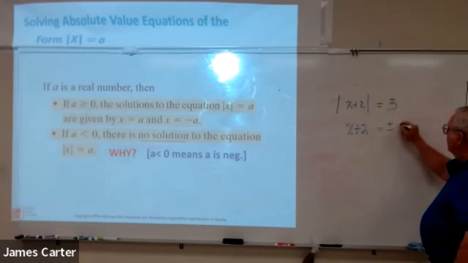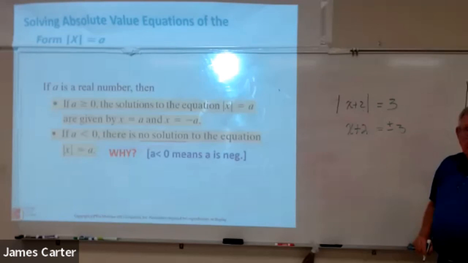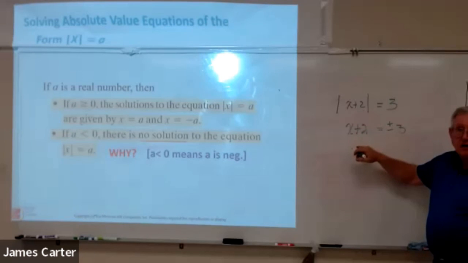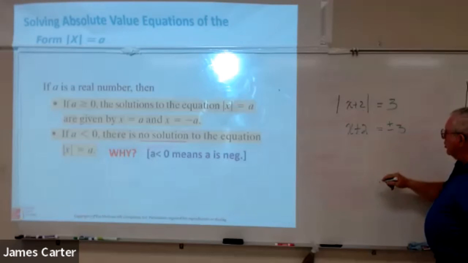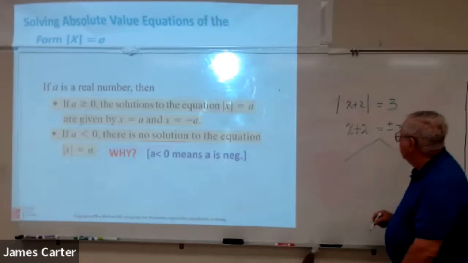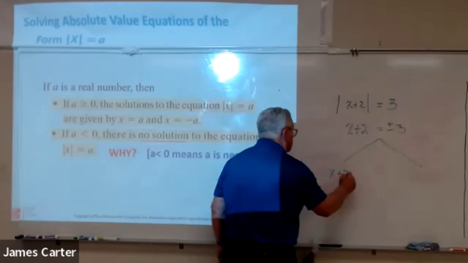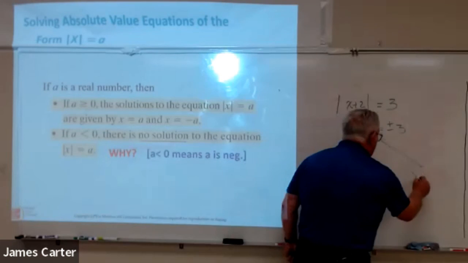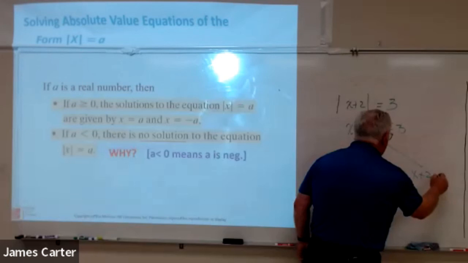Then I have to have this. This originally could have been positive 3, or originally could have been negative 3, but we don't know. So this generates two problems: x plus 2 equals positive 3, and x plus 2 equals negative 3.